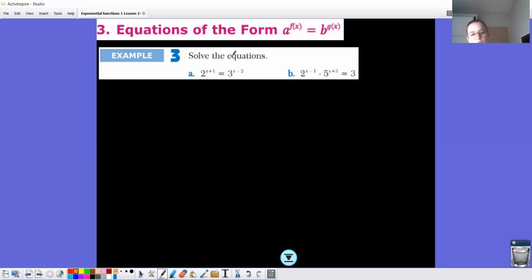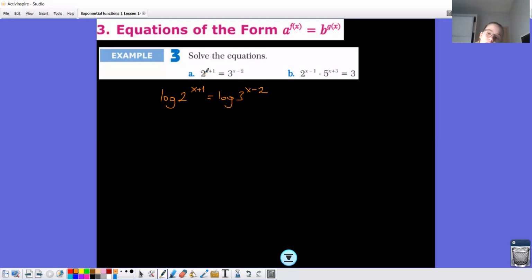Here you have different bases, so I cannot equalize the powers directly. So what I will do, I will take the logarithm of both sides. In these cases, mostly we are using logarithm to the base 10. It's easier for us. So when I take logarithm of both sides, this one will become logarithm of 2 to the power of x plus 1 is equal to logarithm of 3 to the power of x minus 2.